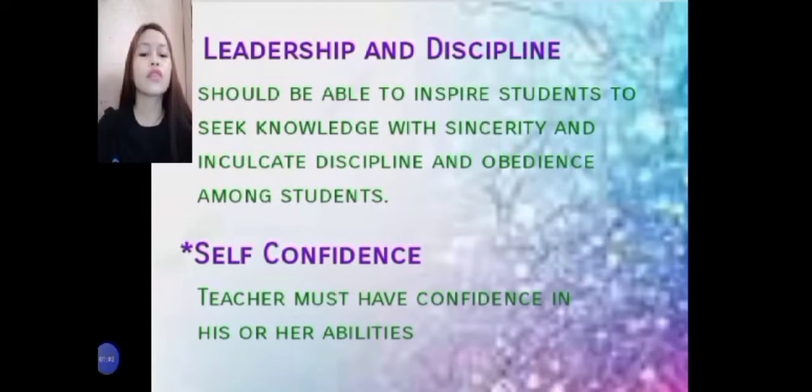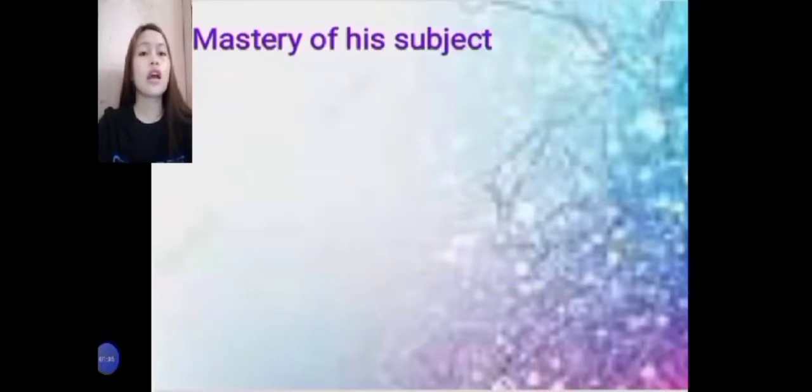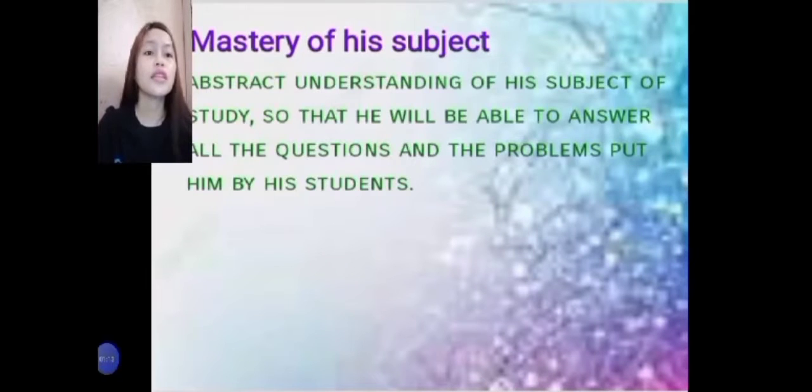The seventh effective science teacher has mastery of his subjects. A science teacher should have an abstract understanding of his subject of study so that he will be able to answer all the questions and problems put to him by his students.